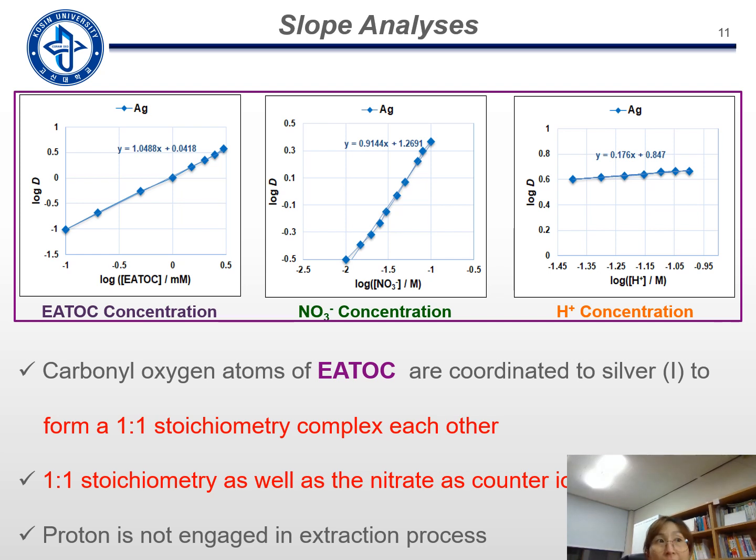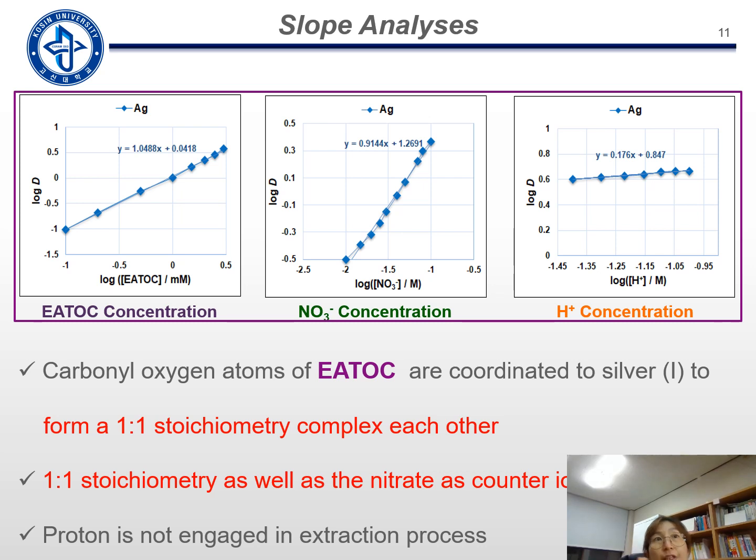And in the middle figure, the distribution ratio of silver ion depending on nitrate concentration shows a straight line with a slope of 0.91, which suggests one-to-one stoichiometry as well as nitrate as counteranion being included in the extraction process of silver ion.